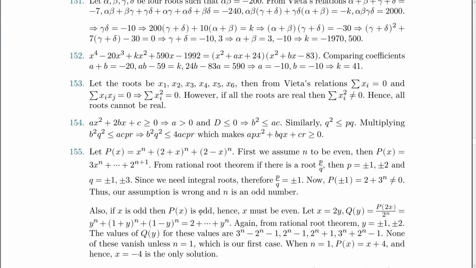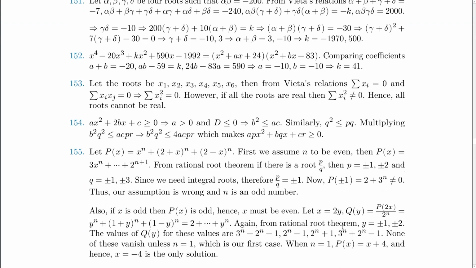So p(x) is odd, and hence x must be even. Let x equal 2y. So q(y) is equal to p(2y) by 2ⁿ, which gives us yⁿ(1 + yⁿ⁺¹ − yⁿ) is equal to 2 plus and so on up to yⁿ.